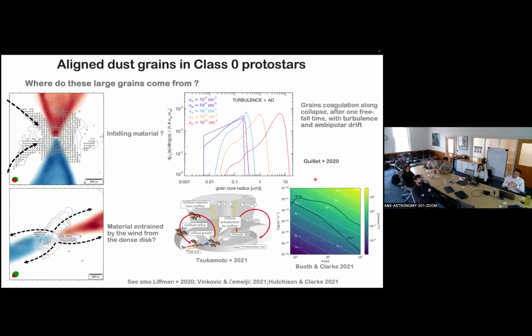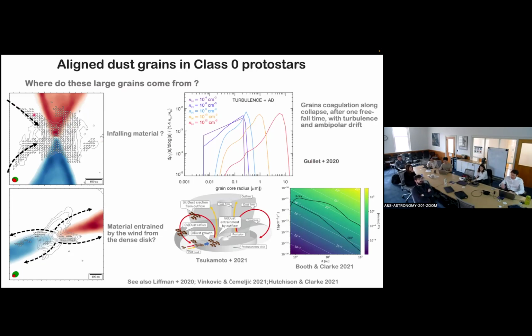Now, the important question is to understand where they grow, to close the loop on dust grain evolution. Either they grow in the disk, and we know they grow in disks because it's super dense and cold, or they grow in situ during the collapse.